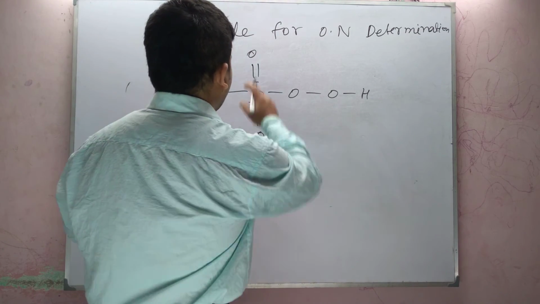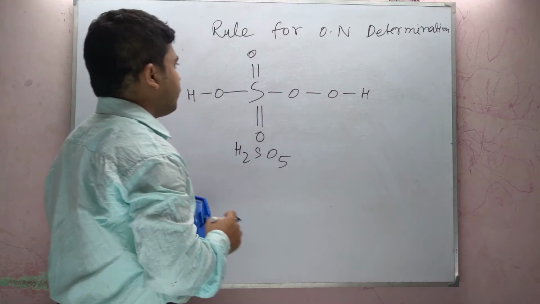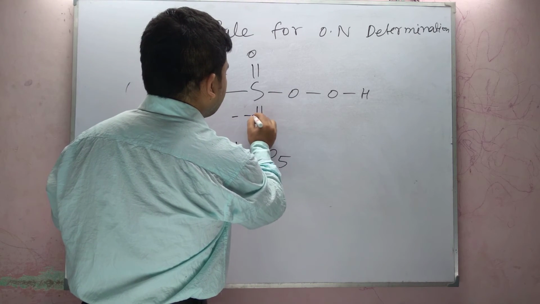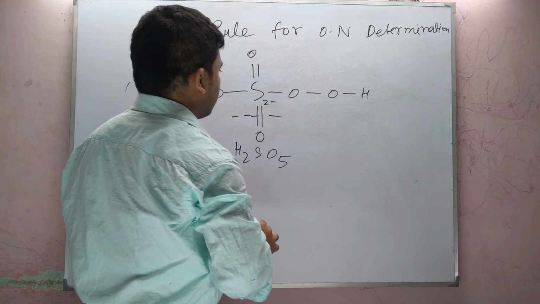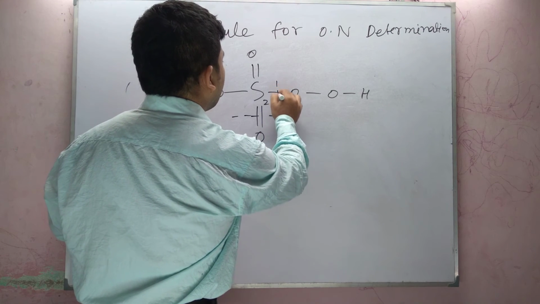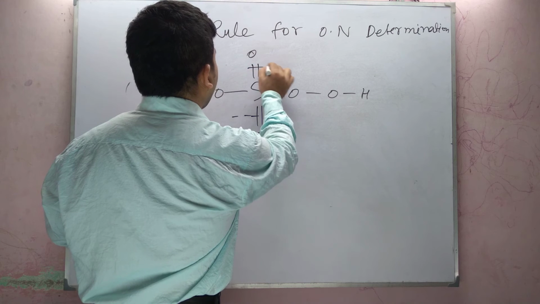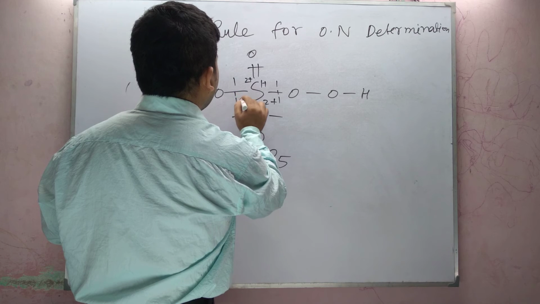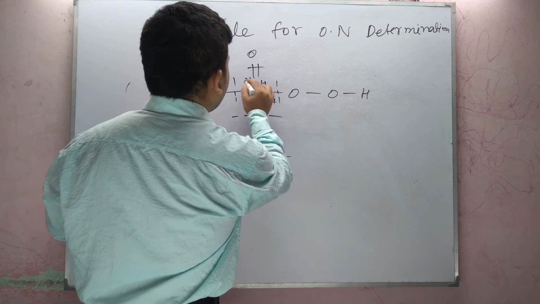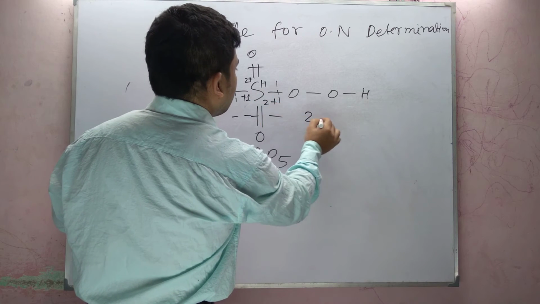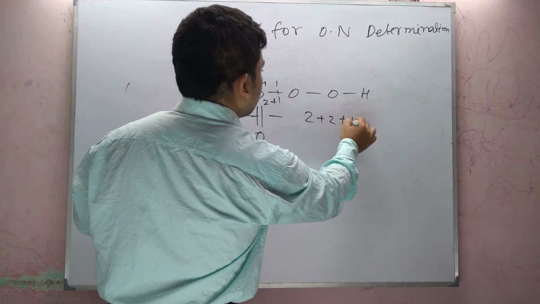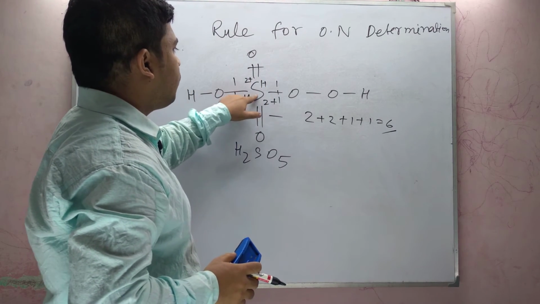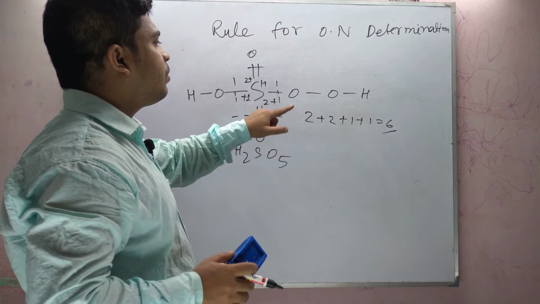Here, for the sulfur oxidation state, if we detach this bond, sulfur gets +2 charge. If we detach this bond, sulfur gets +1, and if we detach this bond, sulfur gets +2 charge, and if we detach this bond, sulfur gets +1 charge. So the total is 2 plus 2 plus 1 plus 1, which is 6. Hence the oxidation number of sulfur in this compound is 6.